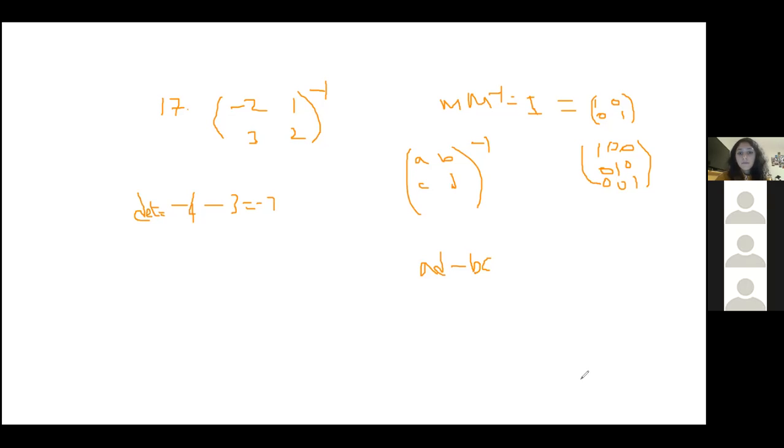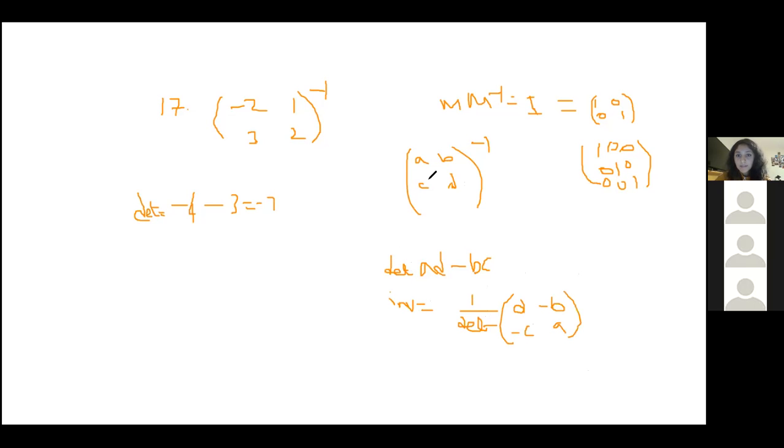To find the inverse, what you do is you do 1 over the determinant. And then for 2 by 2 matrices, there's a nice little trick where you swap these 2 elements. So you swap A and D, so D goes to A and A goes to D, and then it should be -B and -C.